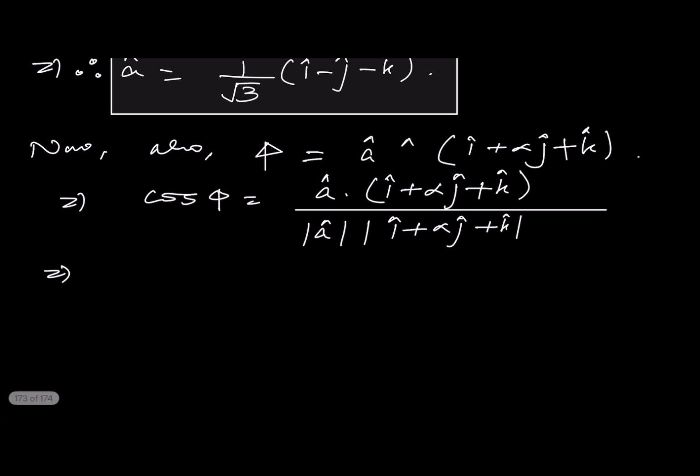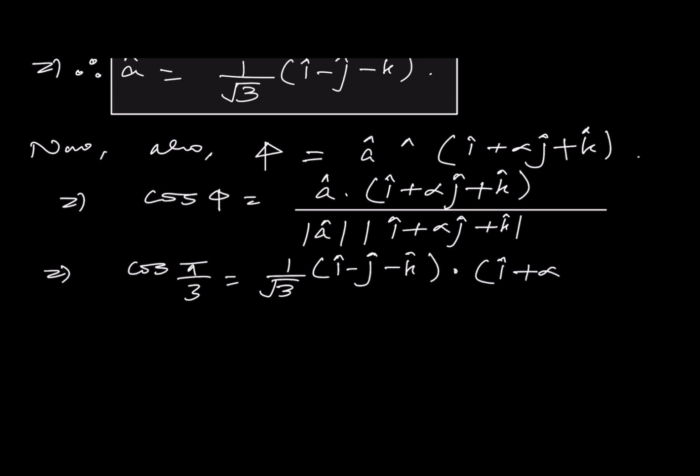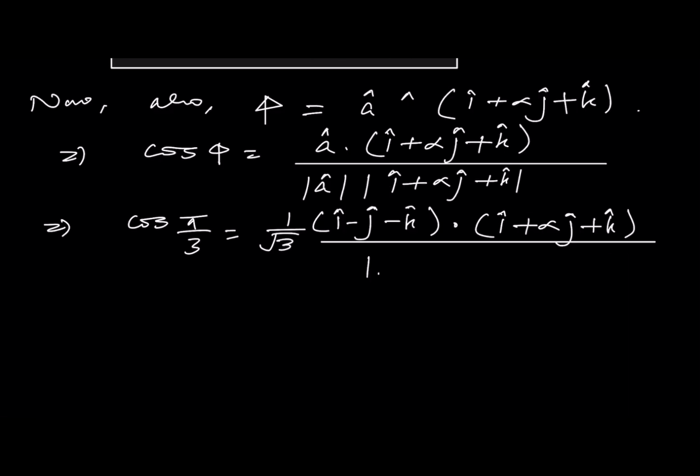So here cos pi by 3 is equal to 1 by root 3 times i minus j minus k dot i plus alpha j plus k, on the magnitude of i plus alpha j plus k, which is root over 1 plus alpha square plus 1, right?